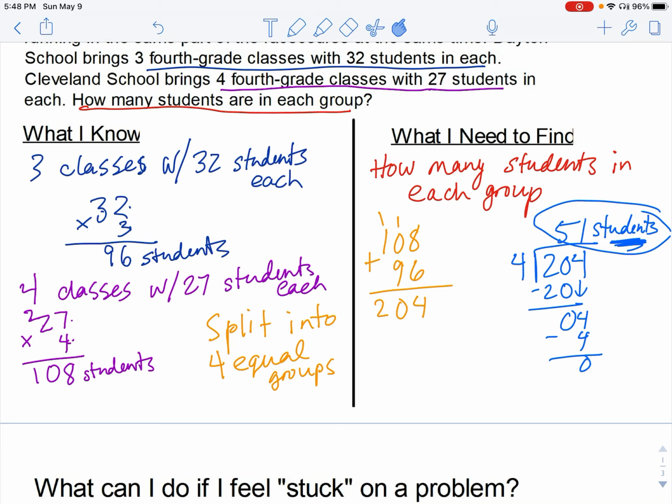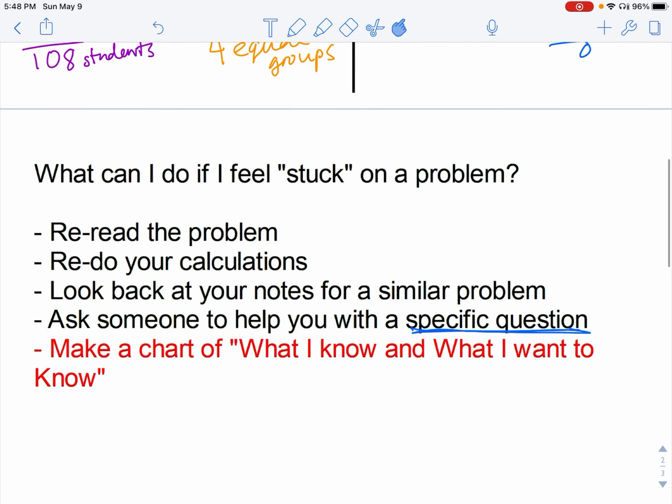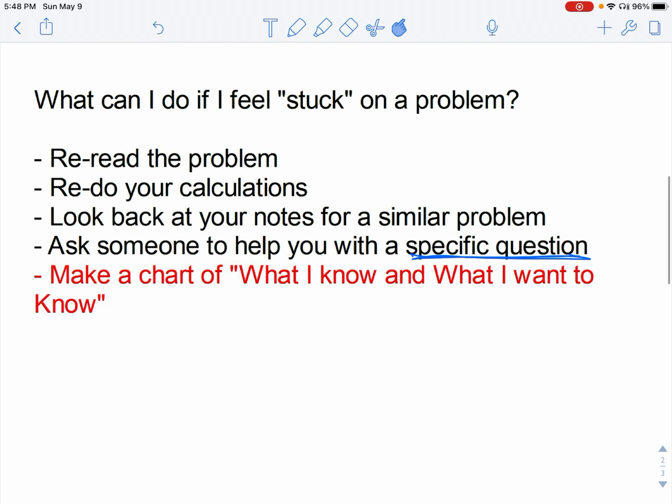That is a more specific question, right? It shows you put some effort into the problem on your own before you are reaching out to ask a question. And then finally, our new strategy that we just practiced today is you can make a chart of what you know and what you want to know, just like we did in that last problem.